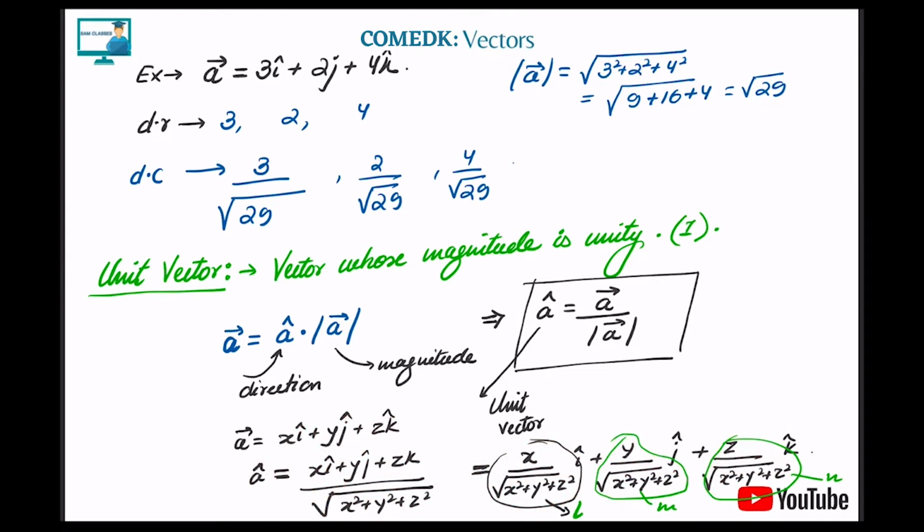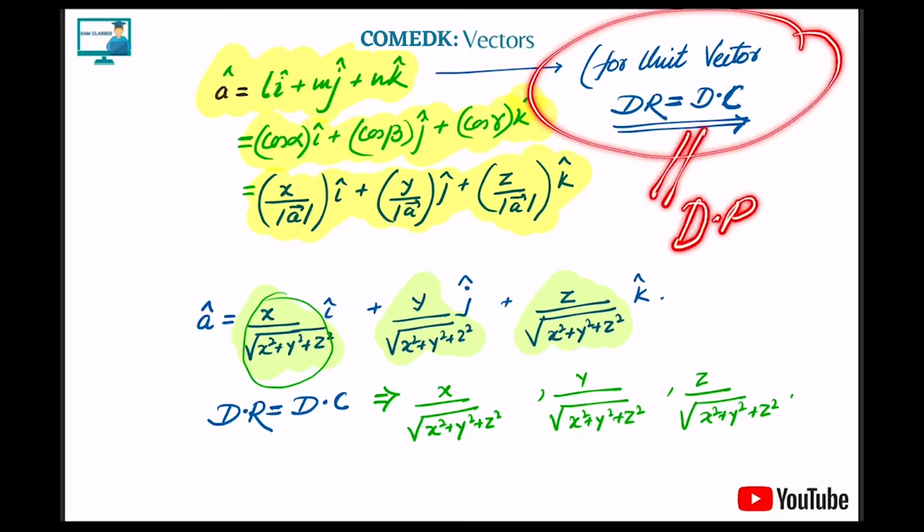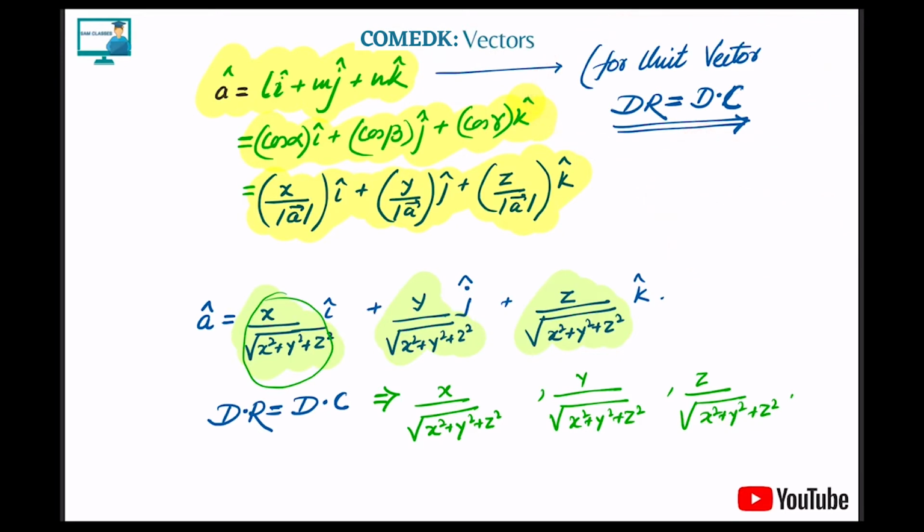What you just wrote as x by the magnitude is the direction cosines l, m, n. That can also be written as cos alpha, cos beta, cos gamma, and also as x by magnitude of a plus y by magnitude of a plus z by magnitude of a. So for a unit vector, very important, the direction ratio is equal to the direction cosine. For a unit vector, direction ratio and direction cosines are the same thing.